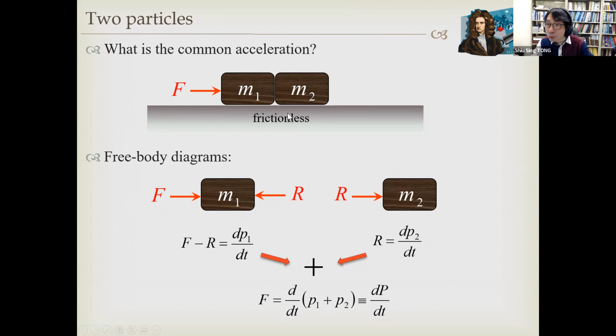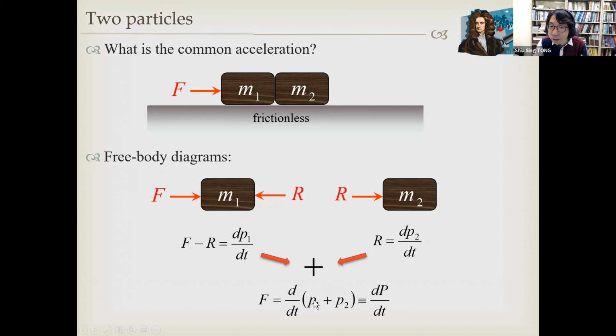Imagine they are gravitational bodies interacting with the force of gravity, or you may imagine them pulling each other. As long as Newton's third law holds for the two bodies, the internal forces always cancel when we sum up the equations of motion of the individual free body diagrams.